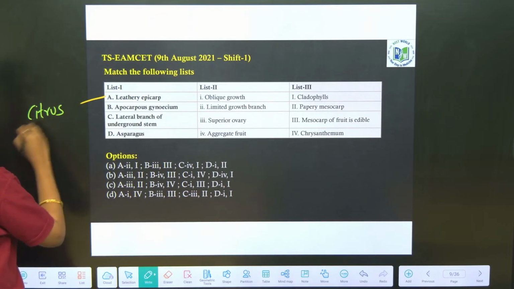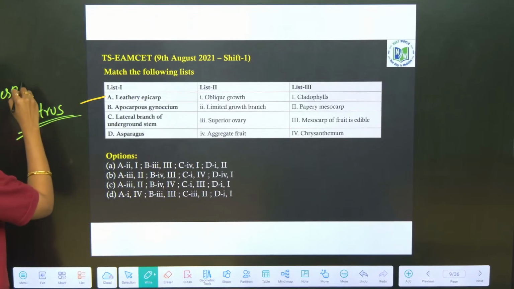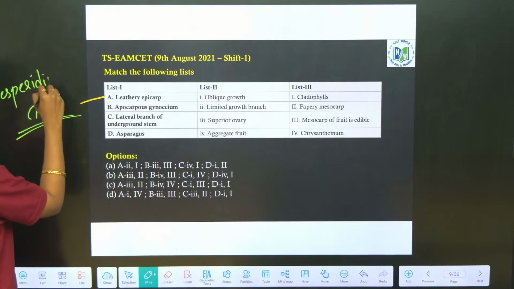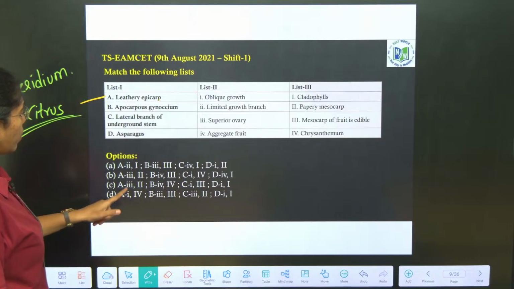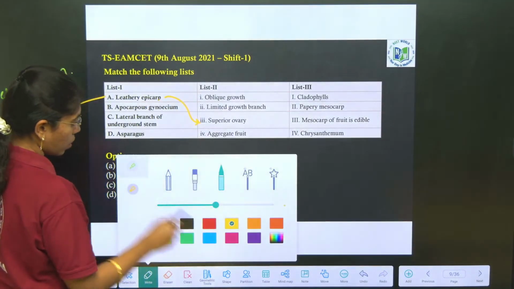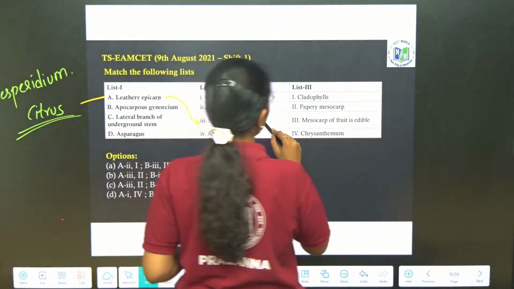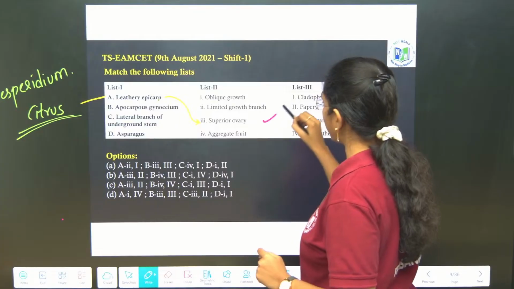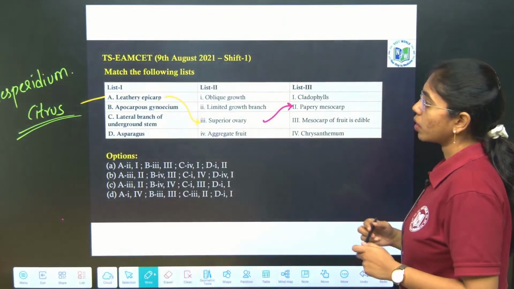Citrus fruits, Hesperidium type of fruit, wherein it has leathery epicarp and superior ovary with papery mesocarp.